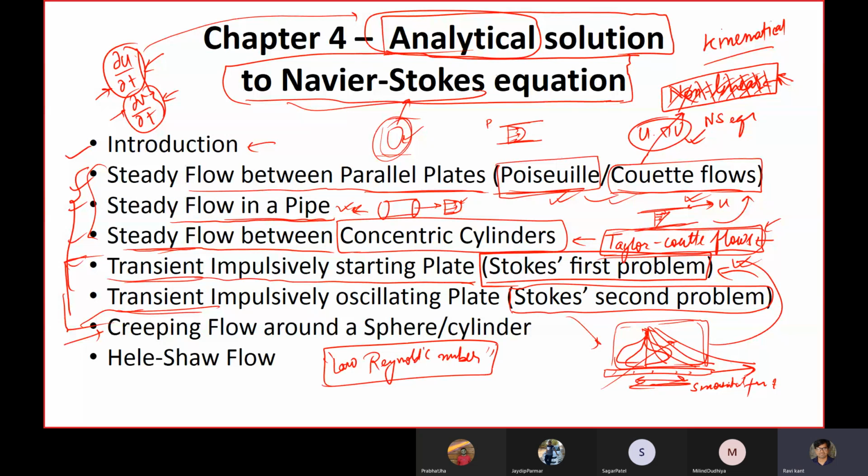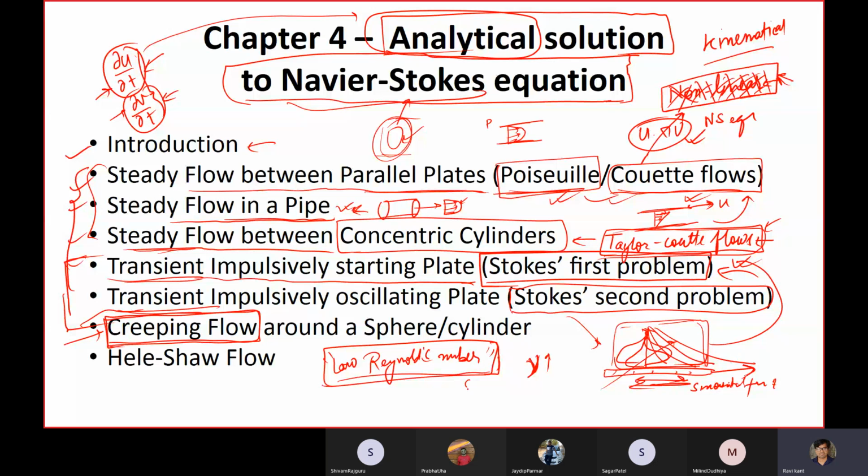At a very low Reynolds number, your viscous effects dominate over the inertial effects, and thus you are able to get rid of your advection terms quite significantly. All low Reynolds number flows are often called creeping flows, or Stokes flow.